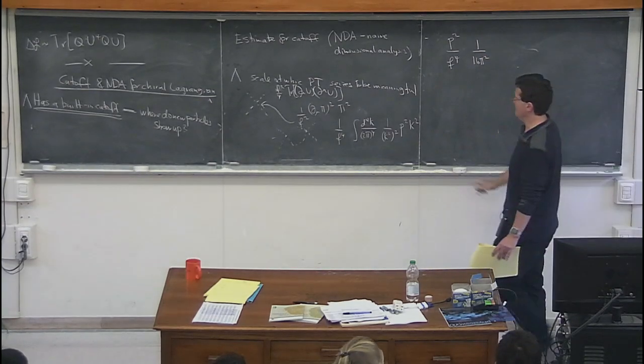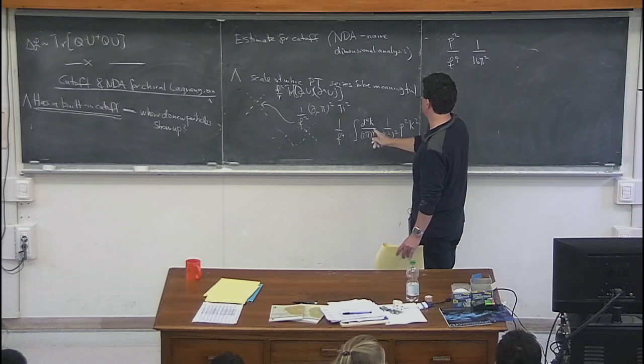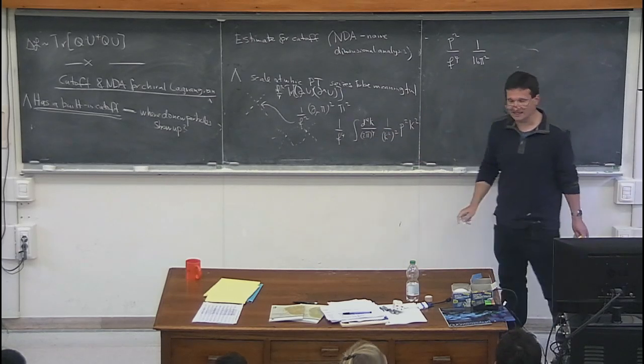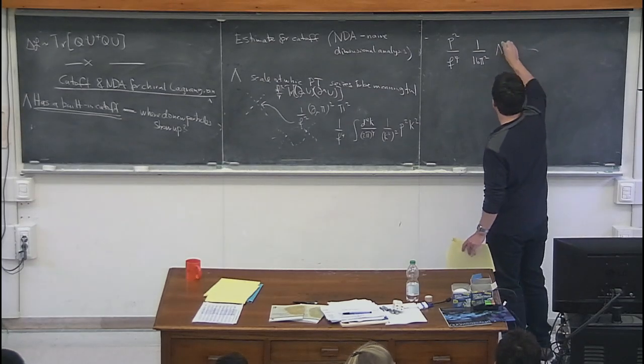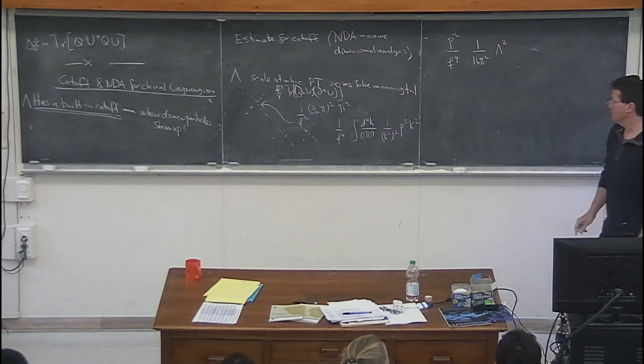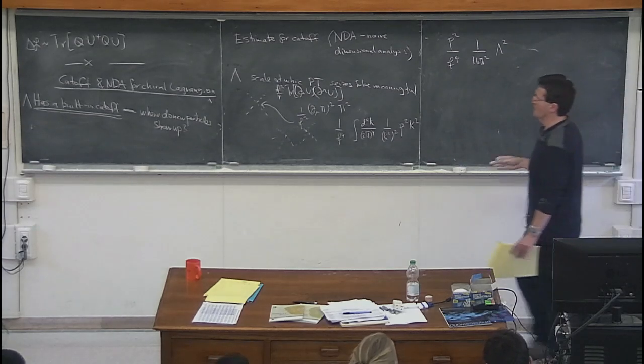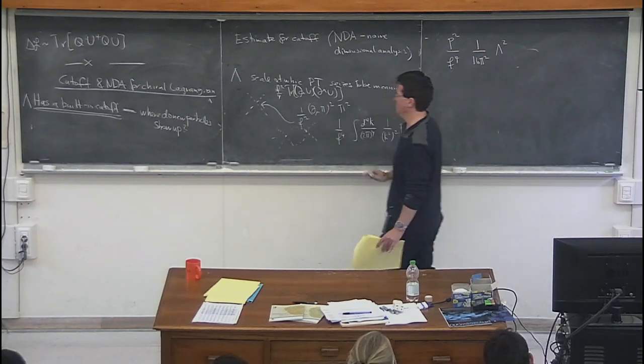The remaining integral, d4k over k to the 4 times k squared, is quadratically divergent, so there will be a lambda squared. So this is what is called the NDA estimate for this particular loop.